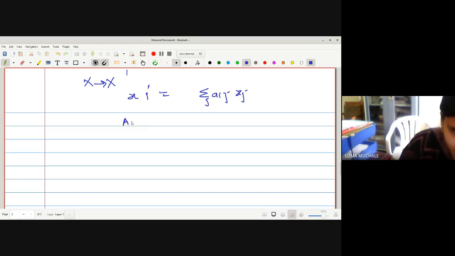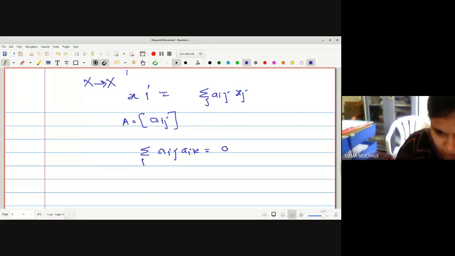And A is the matrix of transformation from x to x dash, which satisfies the orthogonality condition. What is the orthogonality condition? Summation over i aij aik is equal to delta jk. What do you mean by delta jk? It is equal to 1 when j equals k. When j is not equal to k, it is 0.